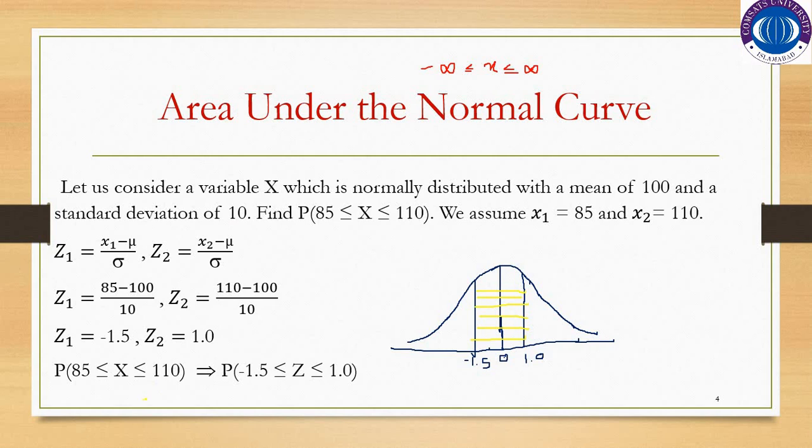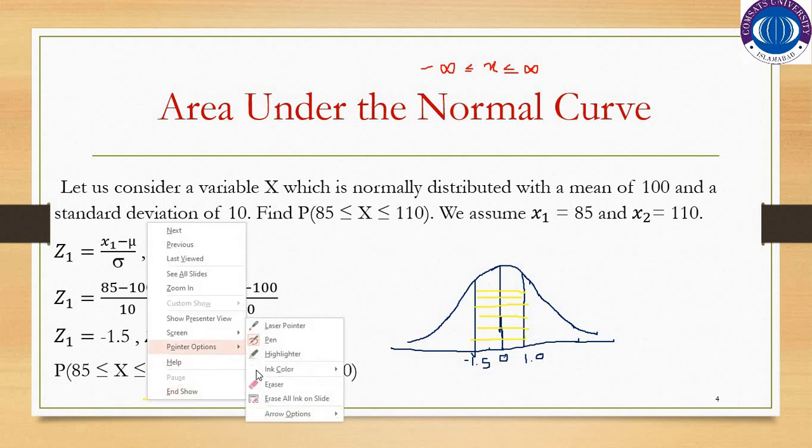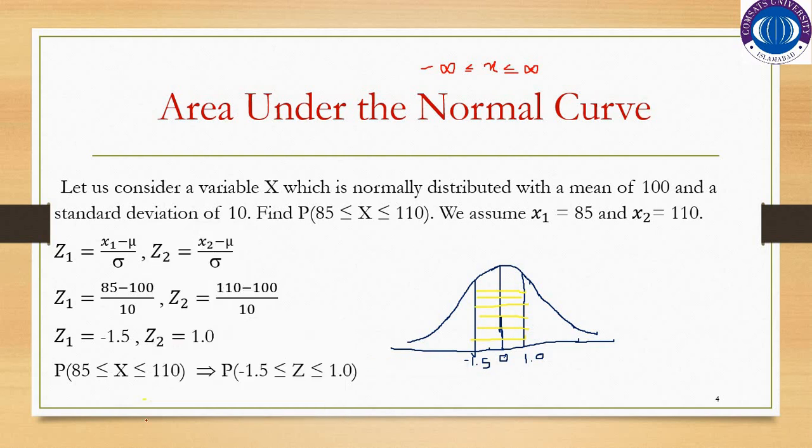This will be equal to probability minus 1.5 less than equal to z less than equal to 0. You can write less than or less than equal to, both will give you the same meaning in continuous probability distribution.